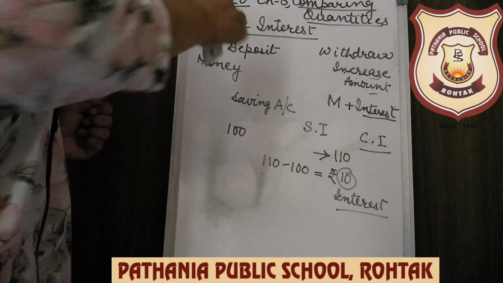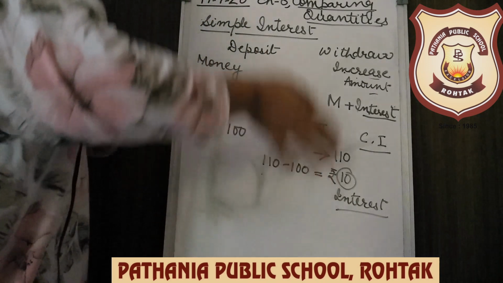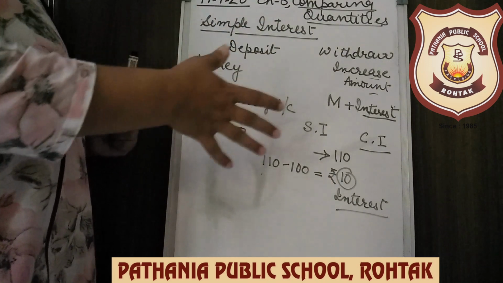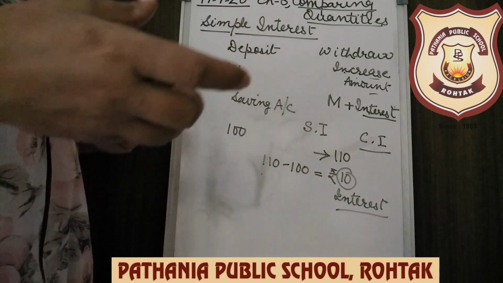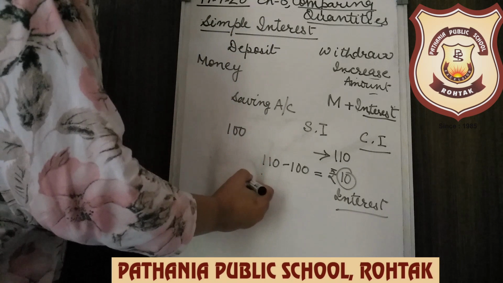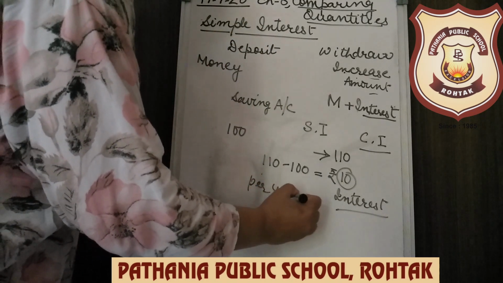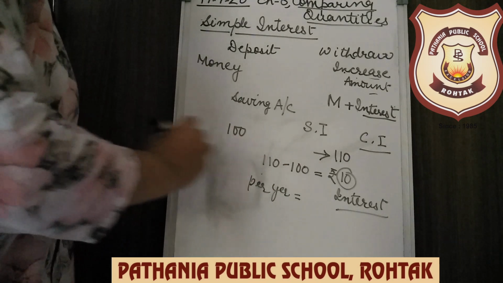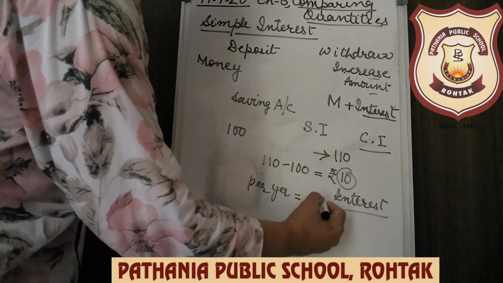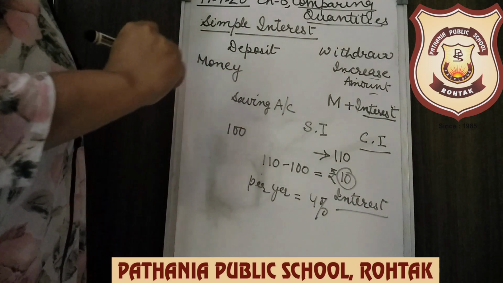Now, you can keep the account for many years. So every year you will get interest, and for each year they will tell that per year you will get interest of 4%, whatever has been kept by the bank.